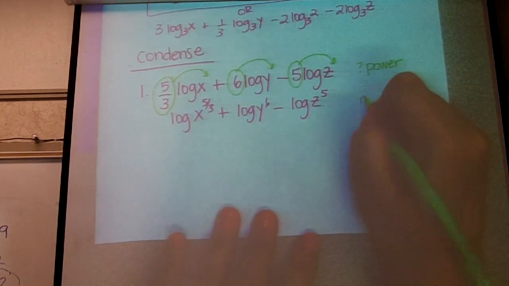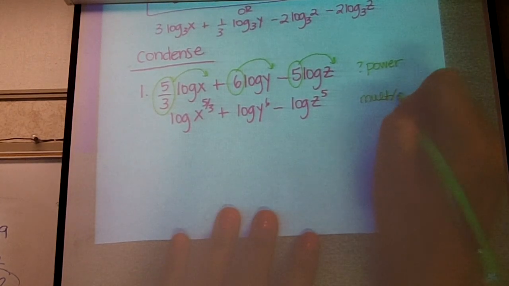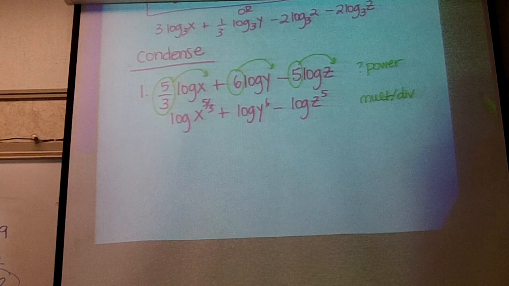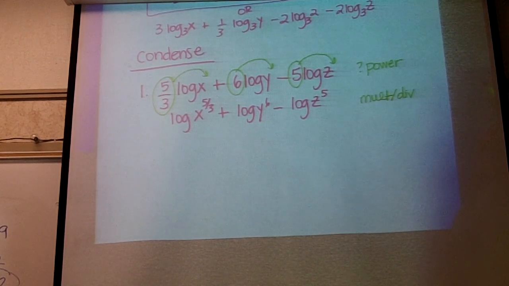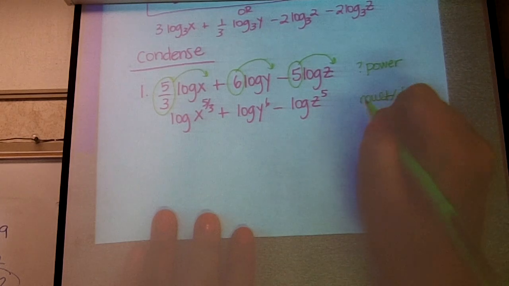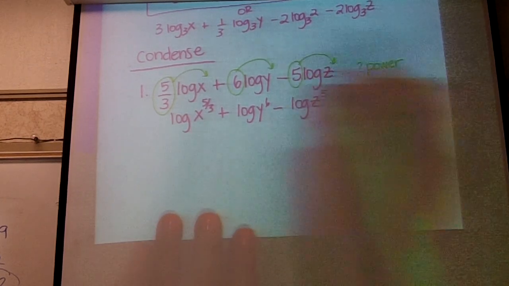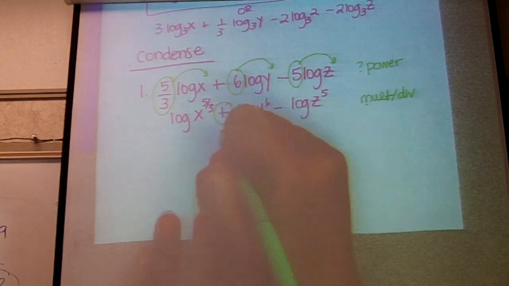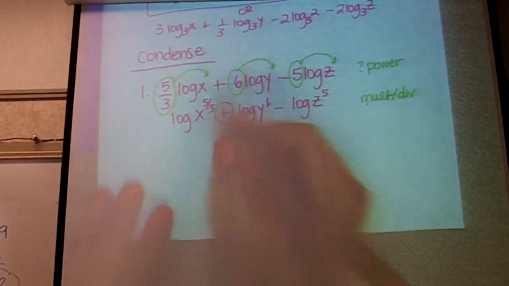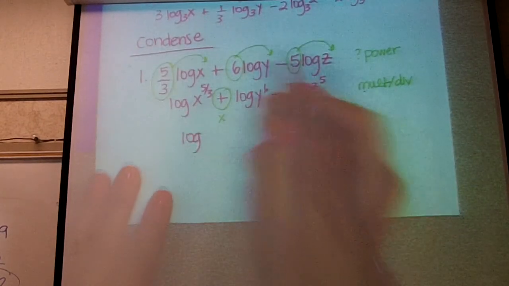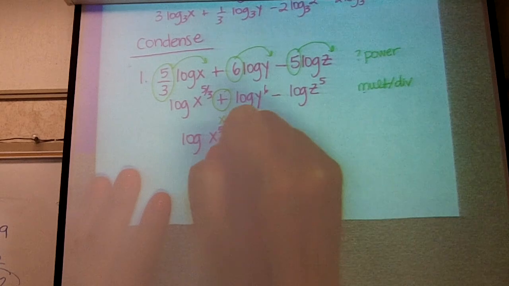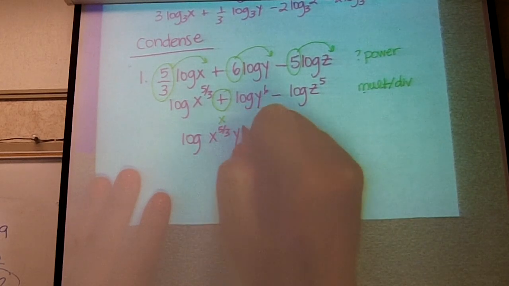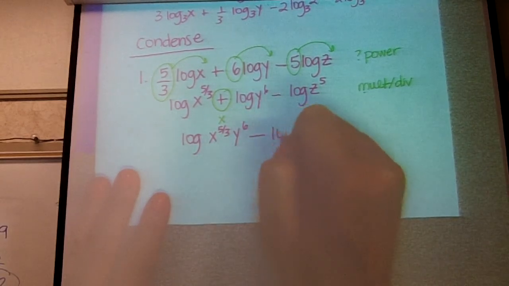The next thing you want to check for is multiplication and division. So before you dealt with division first, then multiplication. In this case, you're going to do multiplication first and then division. So the plus means you're going to have multiplication. So I'm going to have log of x to the 5/3 times y to the 6th.